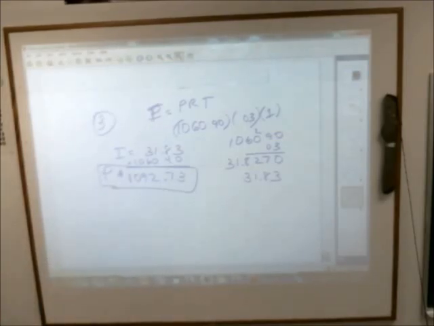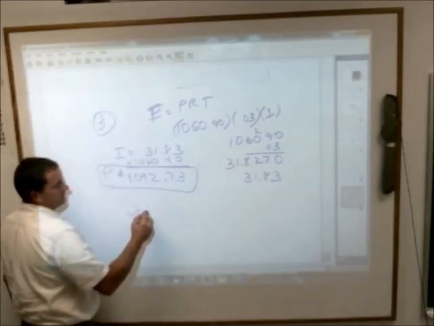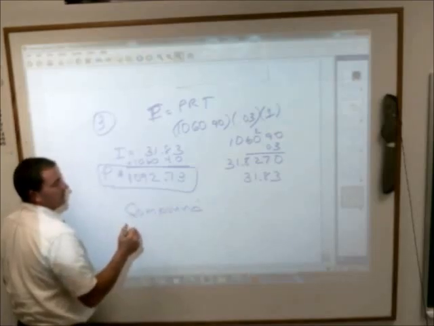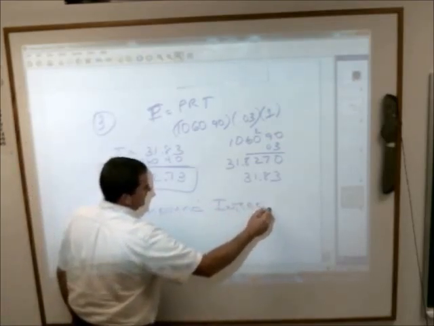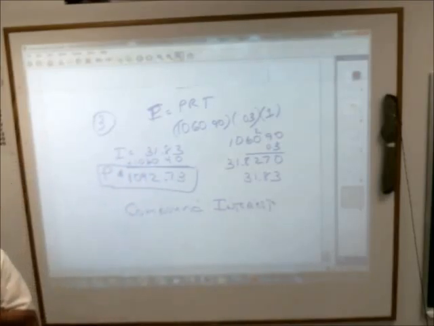Okay, that case number 2 thing is called compound interest. What it means is rather than just getting the same amount of interest each year, you get to add the interest that you earn the next year and get interest on the interest.